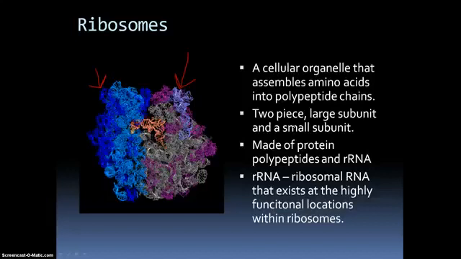Ribosomes are made of proteins themselves, and they are also made of a substance called rRNA, or ribosomal RNA. Now, ribosomal RNA actually exists inside the ribosome at places where the ribosome performs its function. It's actually a very integral component to the process of protein synthesis. Okay?